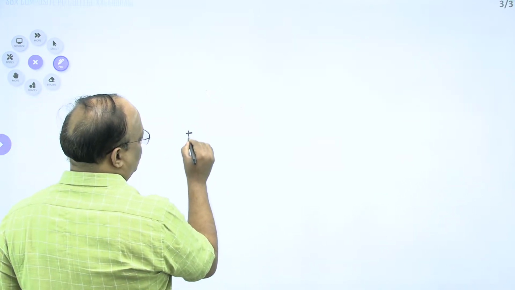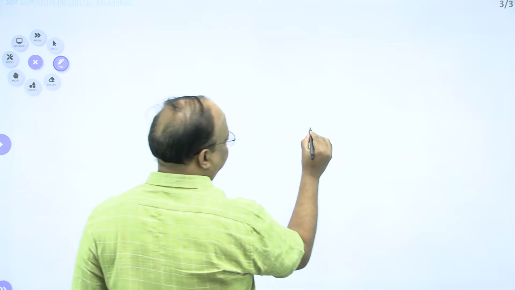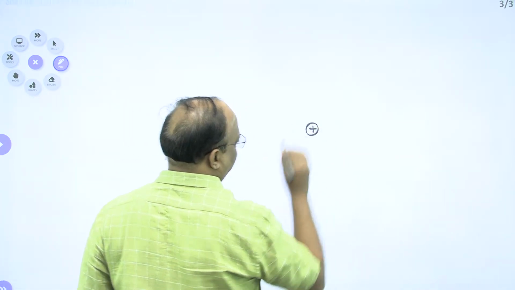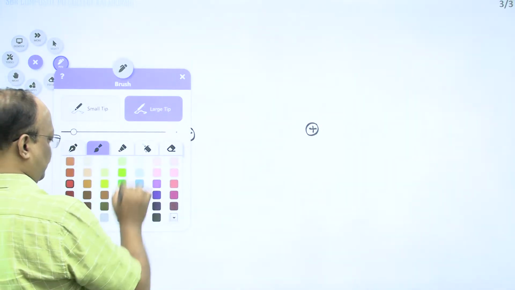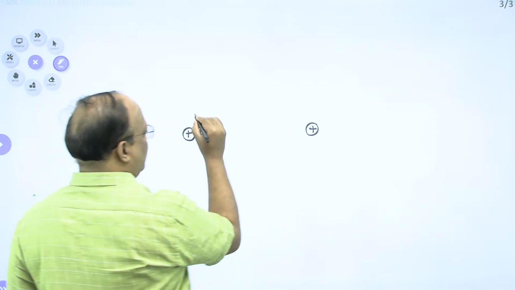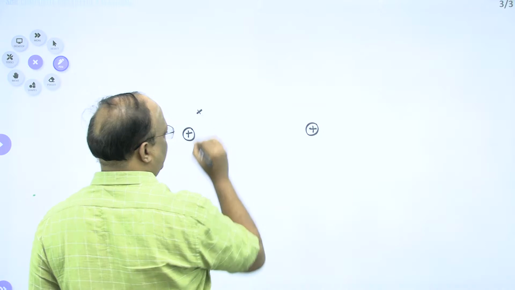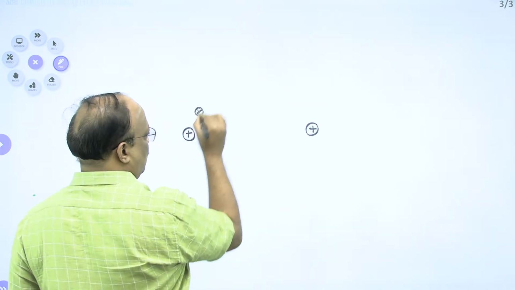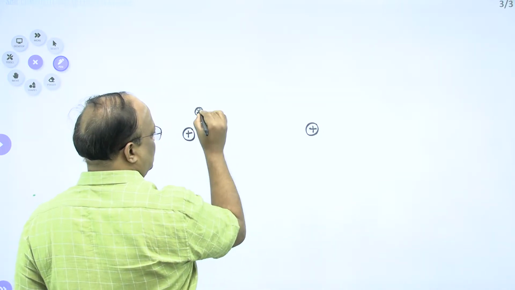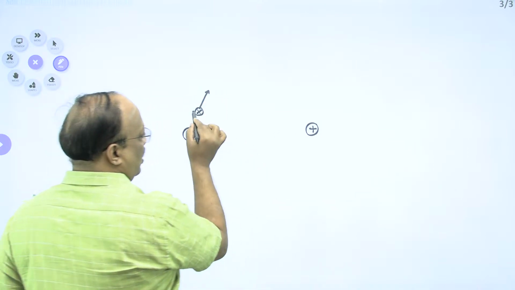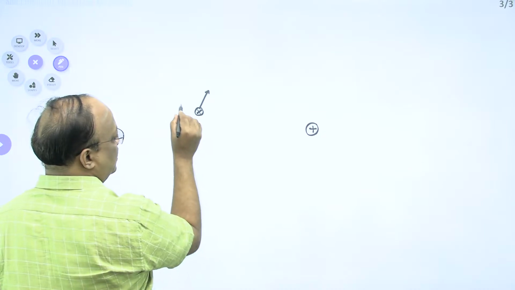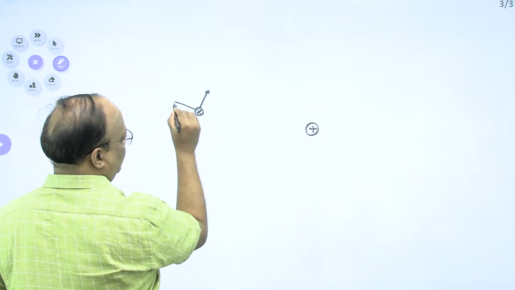If both are positive charges, how will it be? So here is our positive charge. If I keep a positive charge here, what does this do? This will be in this way, whereas this also will repel, in the sense it will move it in this way.